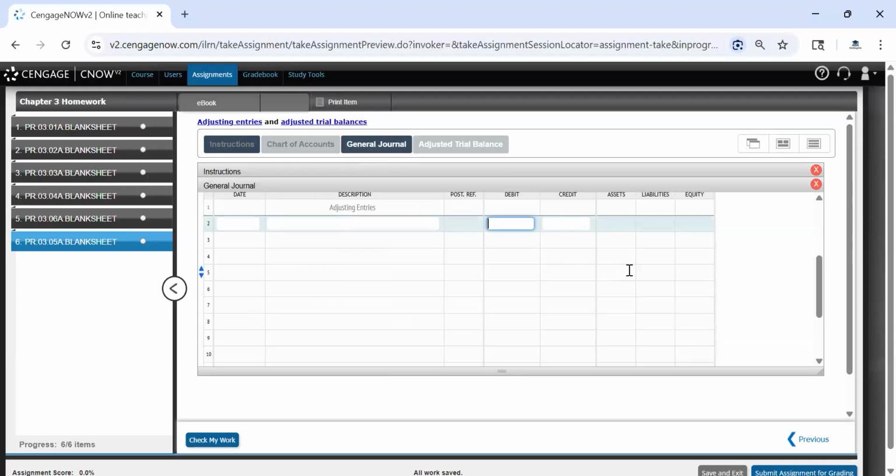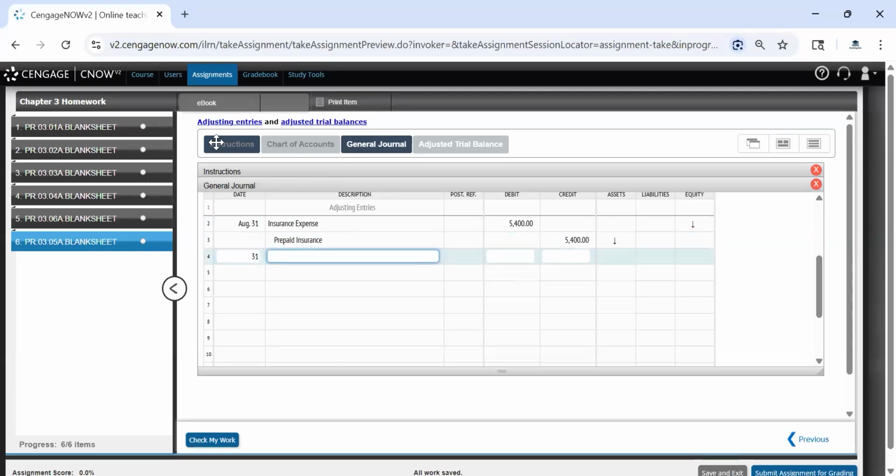And so that's 5,400, which is going to be the same for both the debit and the credit. Our date is going to be August 31st, and then our expense account is going to be insurance expense. And then the other side that we're adjusting down is prepaid insurance.